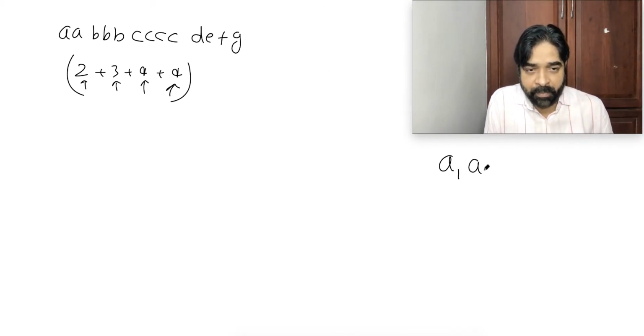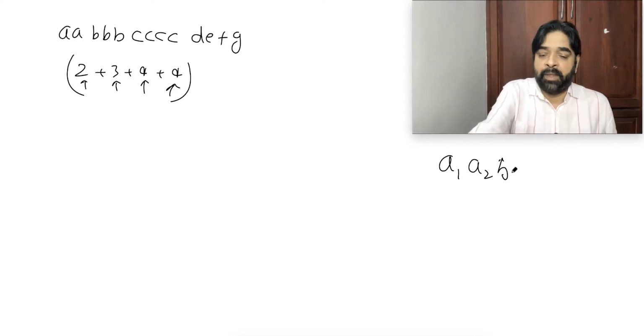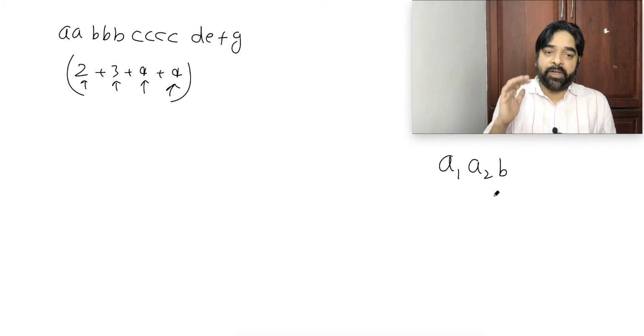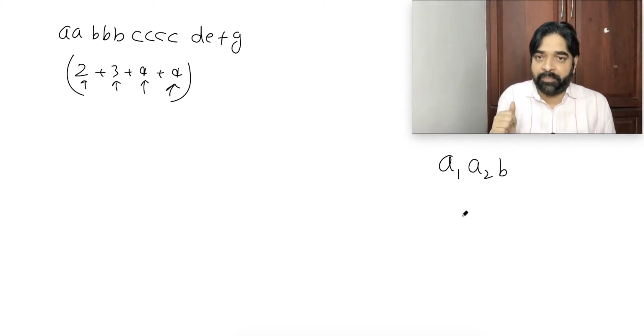A1, A2 and B. If I ask you, can we do manually? Yes. What will I do? A1, B, A2.